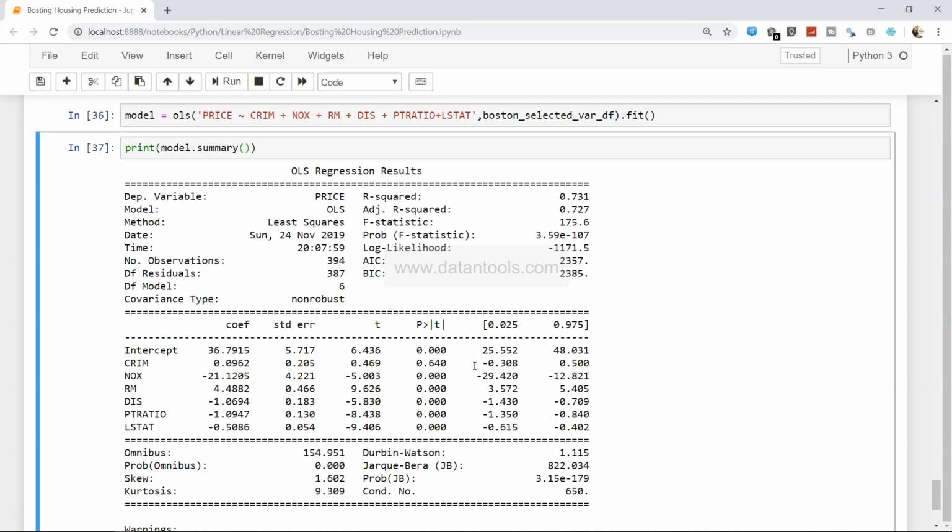So the significance of a variable can be identified using the p-value, with a threshold of 0.05: if the value is lesser than 0.05, accept it, and if the value is higher than 0.05, in this case 0.640, then do not use it as part of the model.